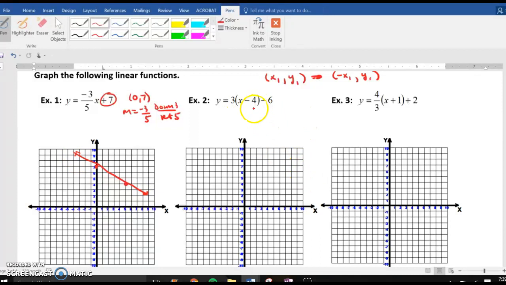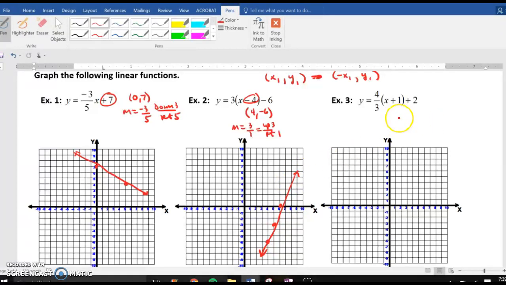Okay, the next one, when I gather my ordered pair first, I take the opposite of -4, which is +4, and then -6. So I'm going to plot (4, -6). My slope here is 3. Put that over 1. That tells me I'm going to go up 3, right 1. So from here, I go up 1, 2, 3, right 1. And I can continue this slope, and all these points will line up in a straight line.